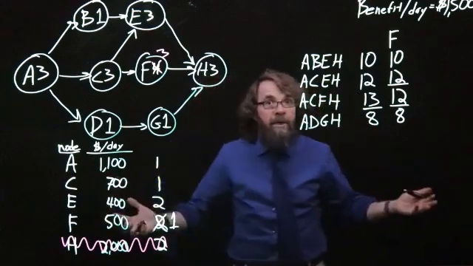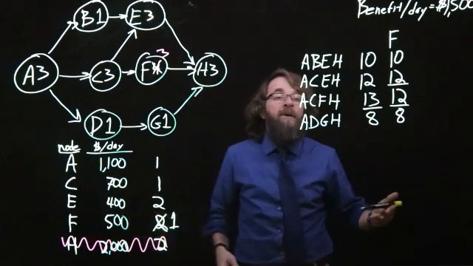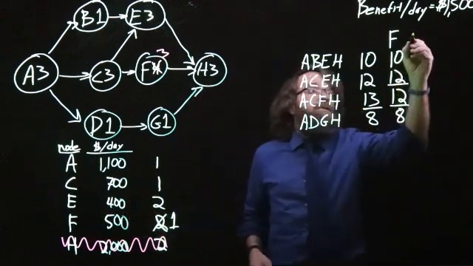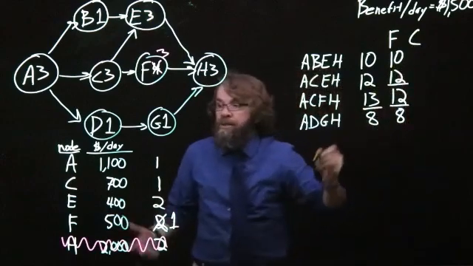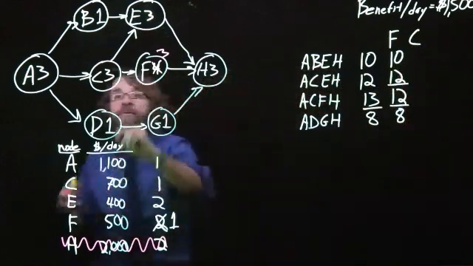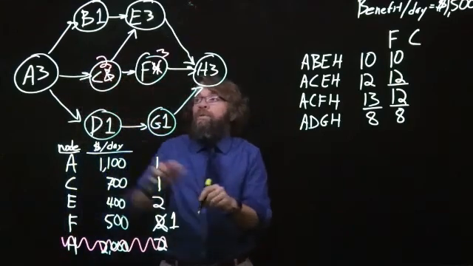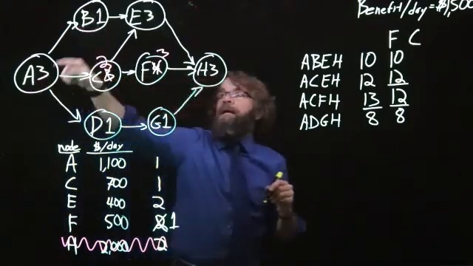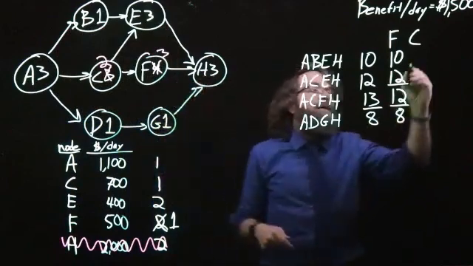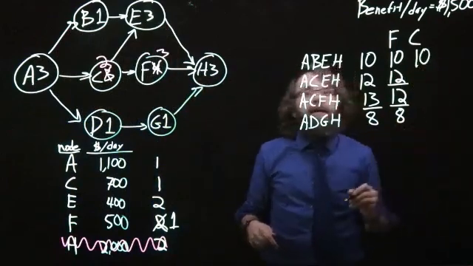I'm trying to do this in the order of cheapest to most expensive. So out of those options I just listed, C is the cheapest. So C will go from 3 days down to 2 days. So this top path, A, B, E, H, not affected, stays at 10 days.